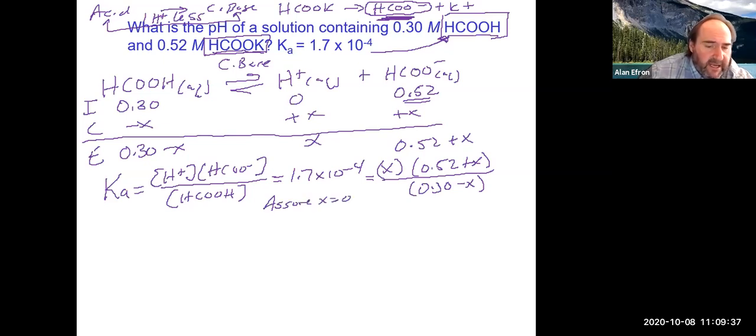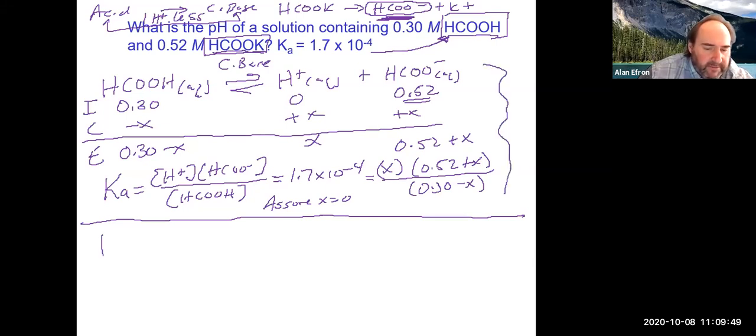I'm not going to finish it out, because the alternative approach is, if you recognize that right off the bat, you don't have to do any of this. You could just go right into the Henderson-Hasselbalch equation: pKa plus the log of the base over the acid. Here we do need to figure out the pKa value.